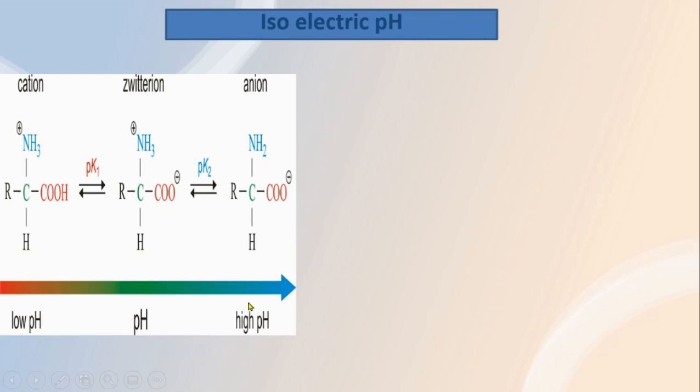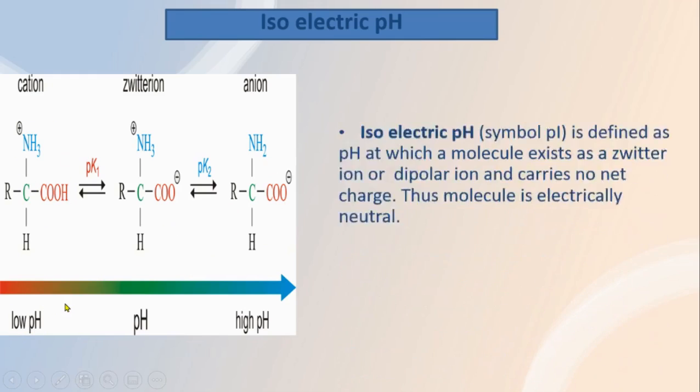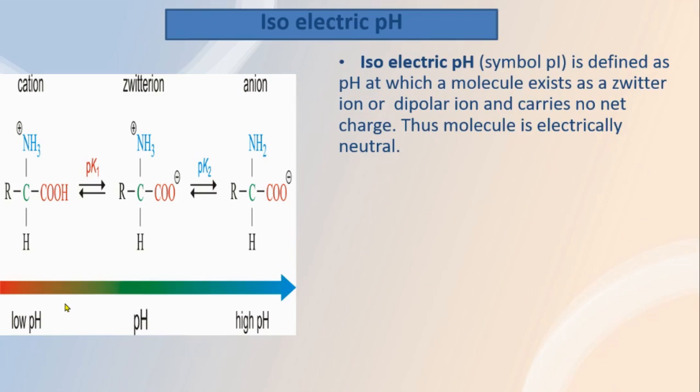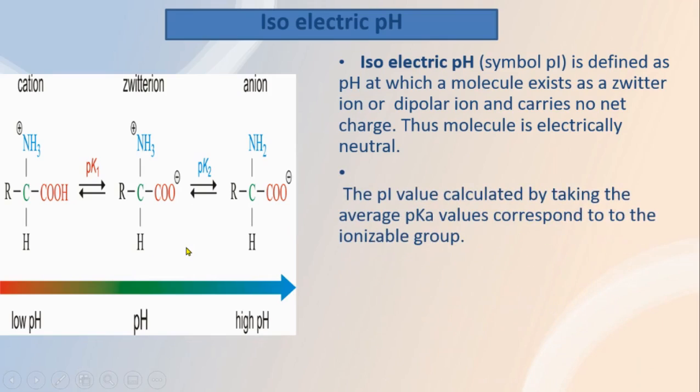At higher pH, amino acids exist in the anionic form and migrate towards the anode, while at low pH, they exist as cations and move towards the cathode. So isoelectric pH is defined as the pH at which a molecule exists as a Zwitter ion or dipolar ion and carries no net charge. Thus the molecule is electrically neutral.